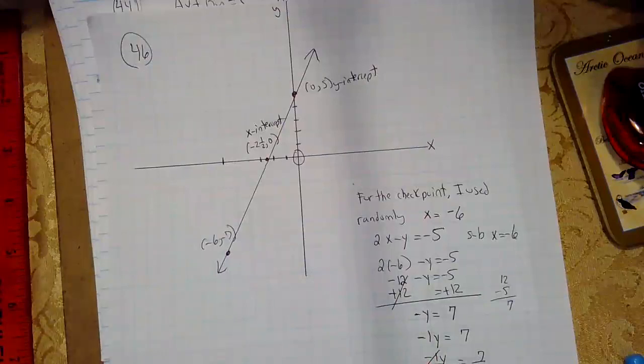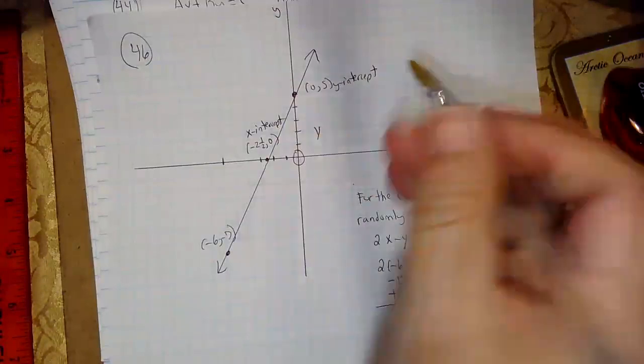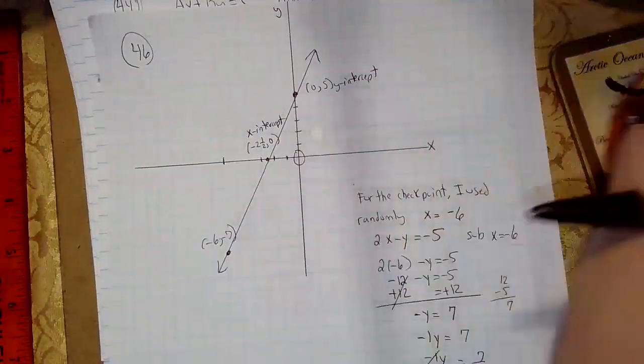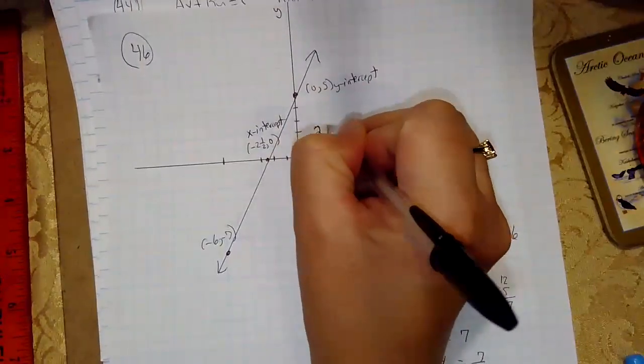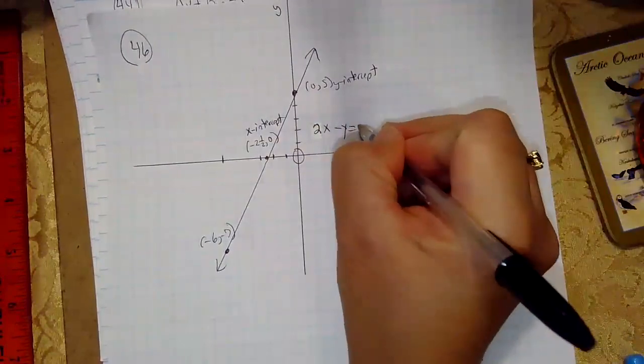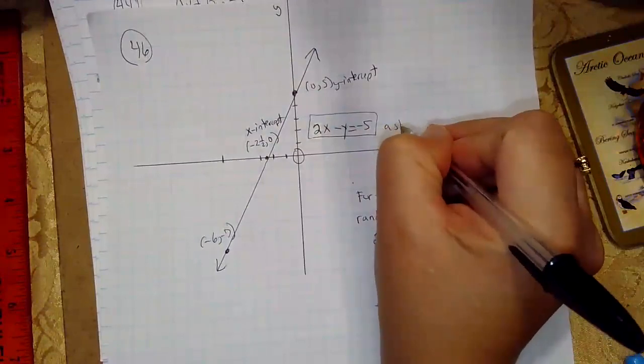It's a slanted line because your equation had x's and y's in it. So remember the equation that we used, for me, my problem got generated, it was 2x minus y equals -5. Yeah, so that's a slanted line.